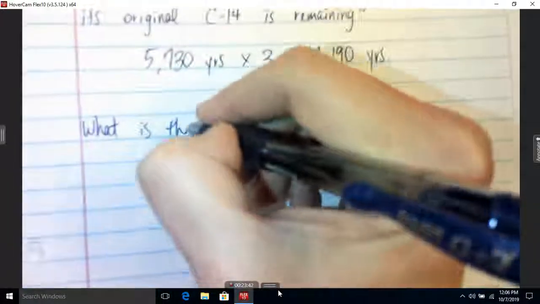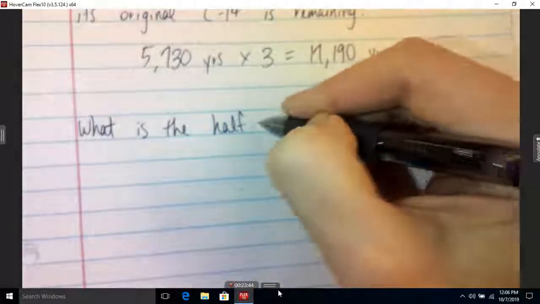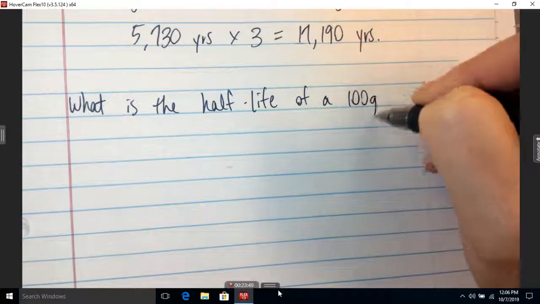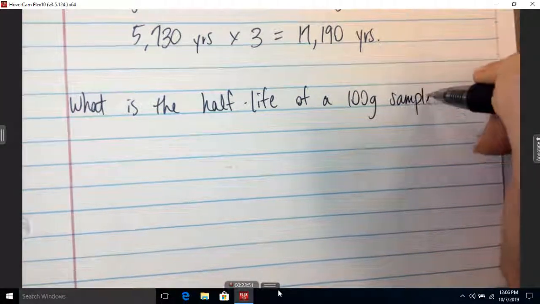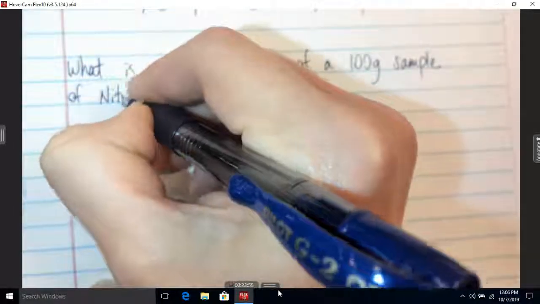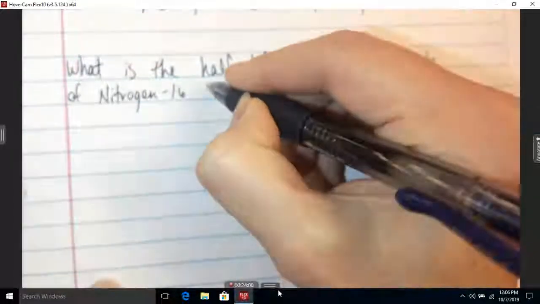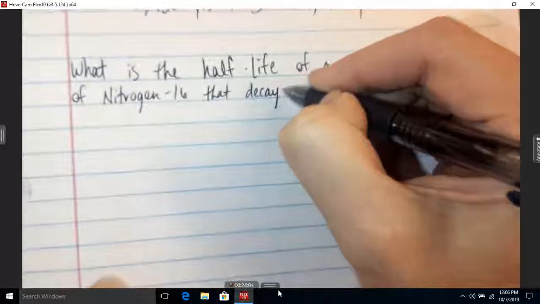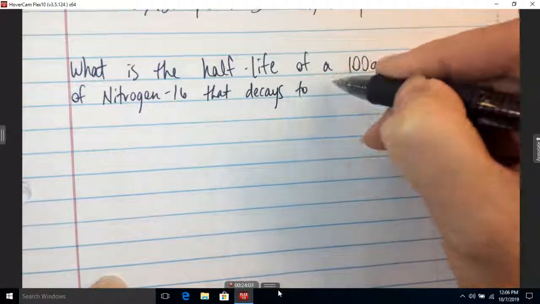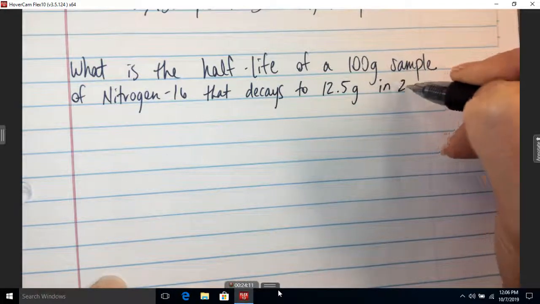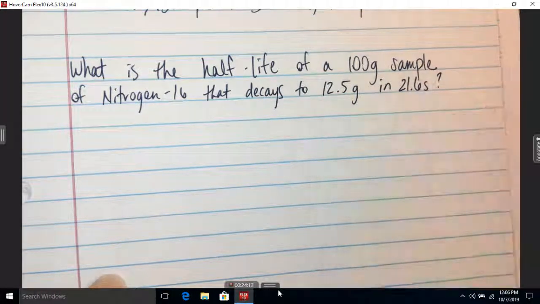What is the half-life of a 100-gram sample of nitrogen-16 that decays to 12.5 grams in 21.6 seconds?